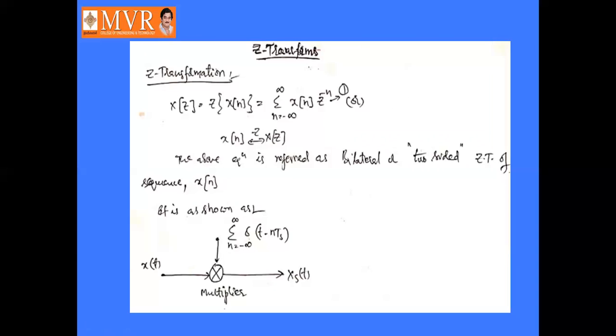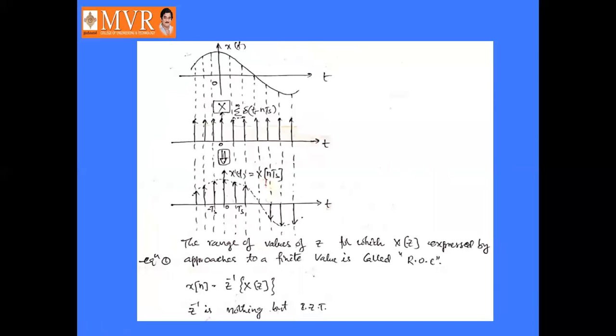Like that we will get the discrete time signal. So x of t is this one, which is multiplied with the train of impulses, sigma n equal to minus infinity to infinity delta of t minus nTs. These two are multiplied so that we will get x of nTs, like this.